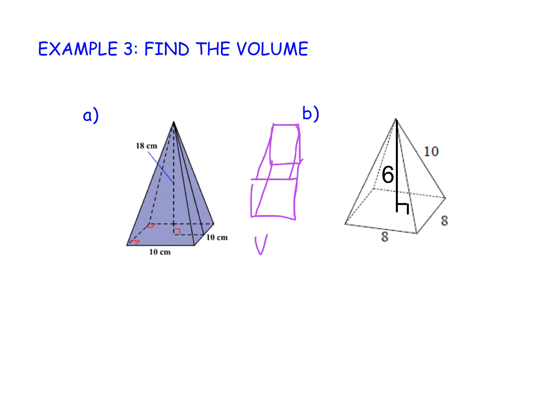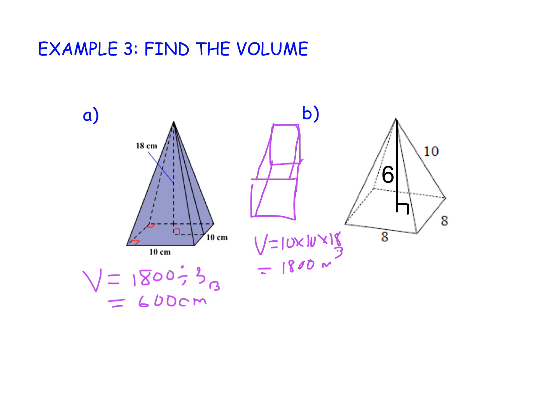And we know that the volume here would just be 10 times 10 times 18, and that would give us 1,800 centimeters cubed. And so if I go back over here to the pyramid, all I have to do now is say 1,800 divided by 3, and that's going to give me 600 centimeters cubed for the volume of the pyramid.